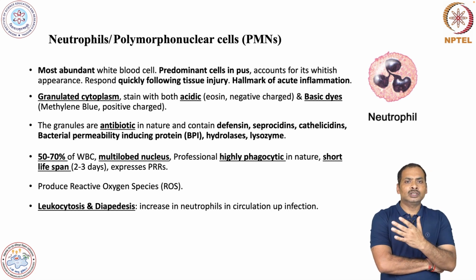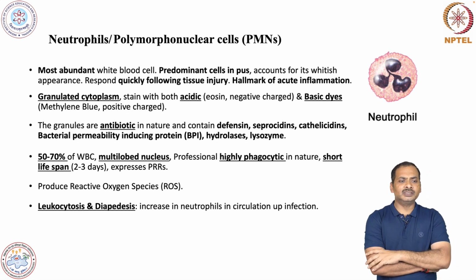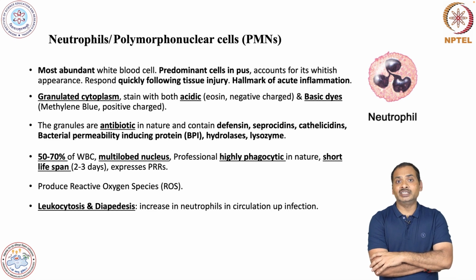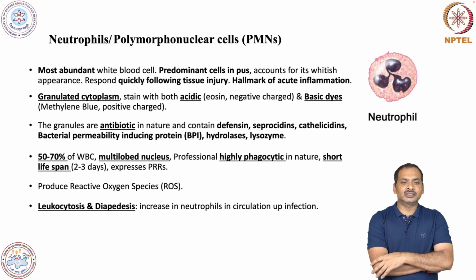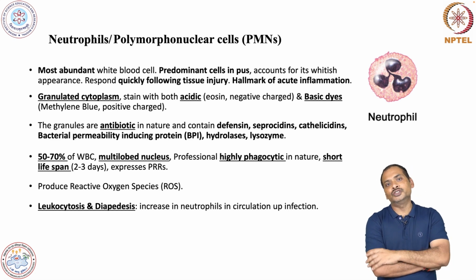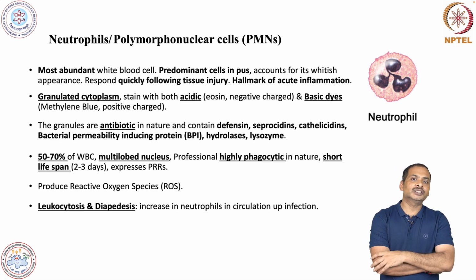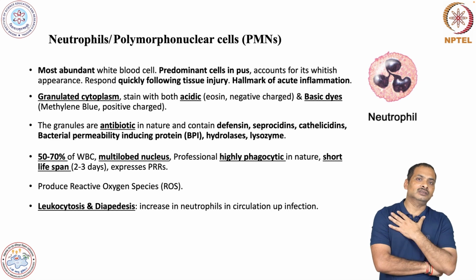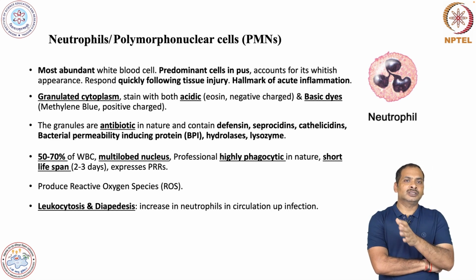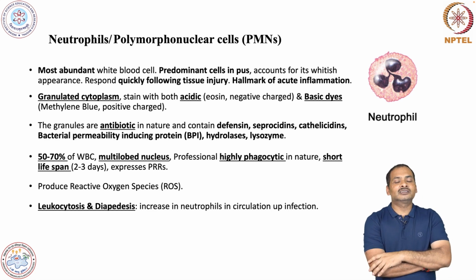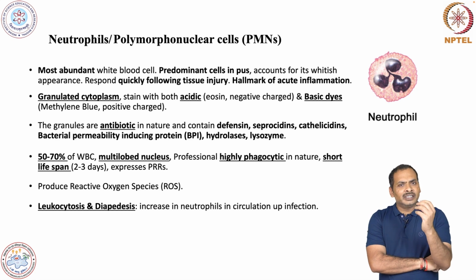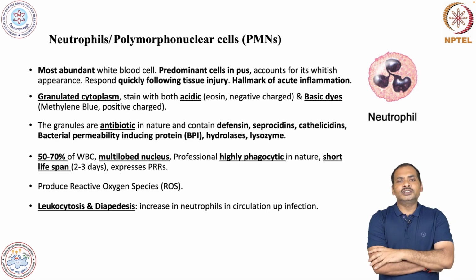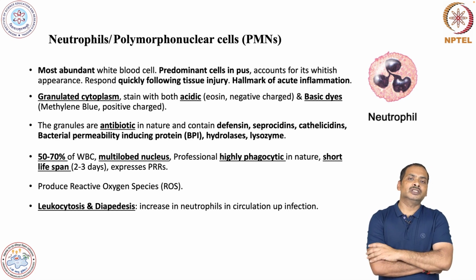Neutrophils show two unique properties, that is leukocytosis and diapedesis. Okay. Basically leukocytosis is the increase in the number of neutrophils in the circulation upon infection. Okay. This is the meaning of leukocytosis. Diapedesis is quite an interesting phenomenon, and it is not true only for neutrophils, it is true for various immune cells.